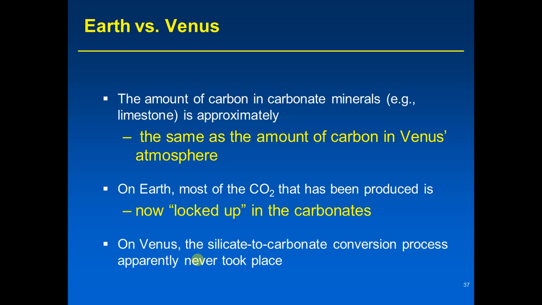Okay, this hasn't really taken place though on Venus, which is why most of its carbon is still in the atmosphere. Okay, hopefully that helps you understand the silicate to the chemical weathering component of the long-term carbon cycle. What was second on our list of the four components of the long-term carbon cycle?